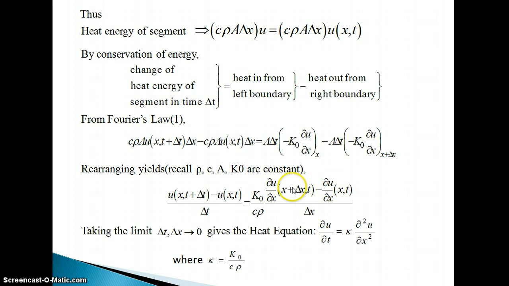So this is the difference between partial derivatives at two different points divided by delta x. As delta x tends to 0, this becomes dou by dou x of dou u by dou x, which is nothing but dou square u by dou x square. And this k naught by rho c is some material constant, represented as k, and it is called thermal diffusivity.